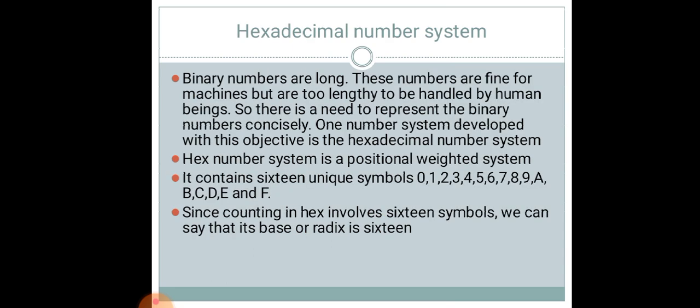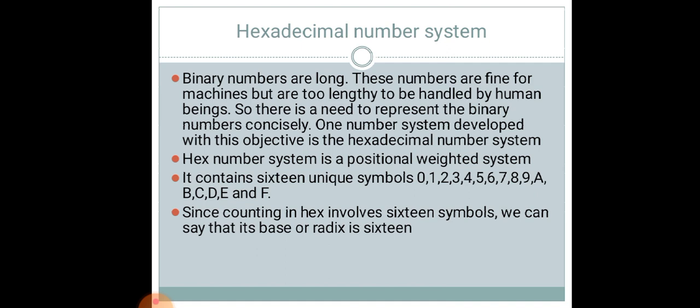Then hexadecimal number system. In hexadecimal number system, the number system is having the base of 16. It contains 16 numbers, but 0 to 9 numbers are same like decimal number system, and from 10 we will consider the alphabets, like for 10 we'll consider A, for 11 we'll consider B, for 12 we consider C, for 13 we'll consider D, for 14 we'll consider E, and for 15 we'll consider F, right?